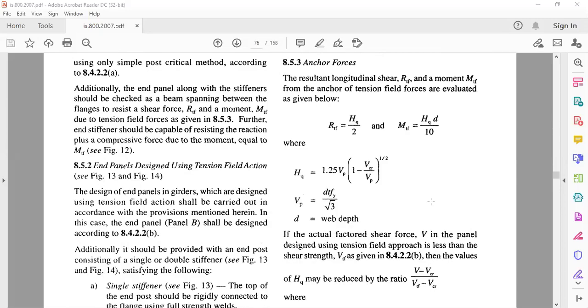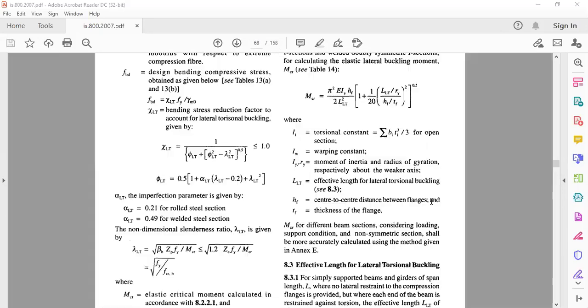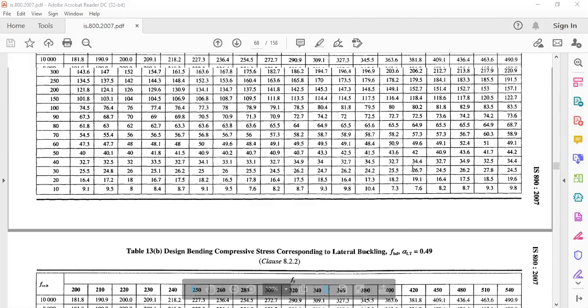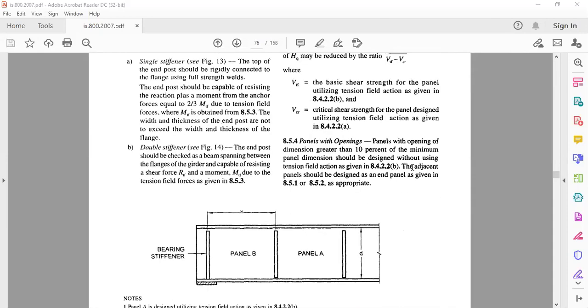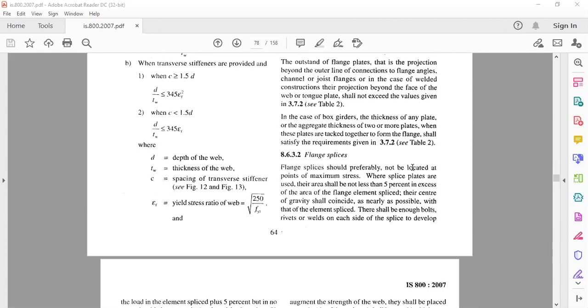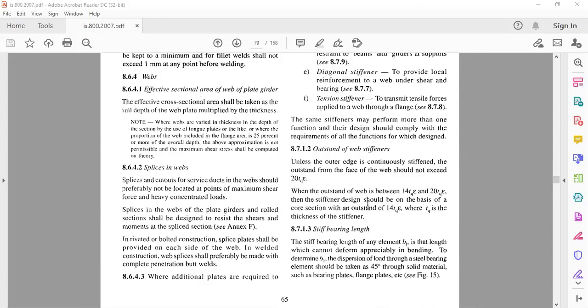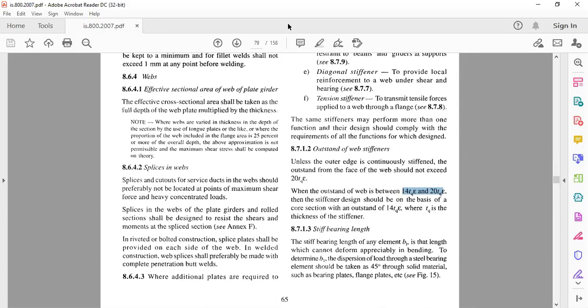That is the condition we are going to check for the outstanding length.